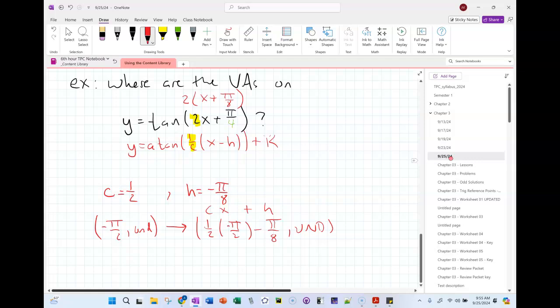Remind us what we did there. So 1/2 times negative pi over 2 is negative pi over 4. And then if I subtract pi over 8 from negative pi over 4, that's going to be negative 5 pi over 8. I made a common denominator to do that.